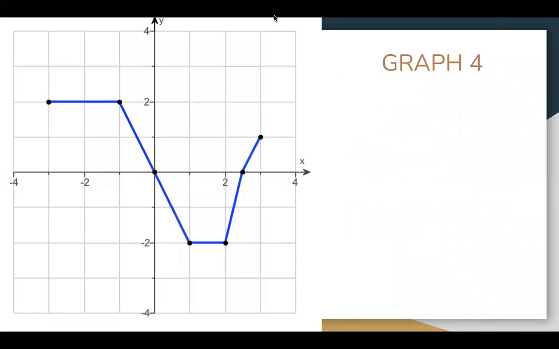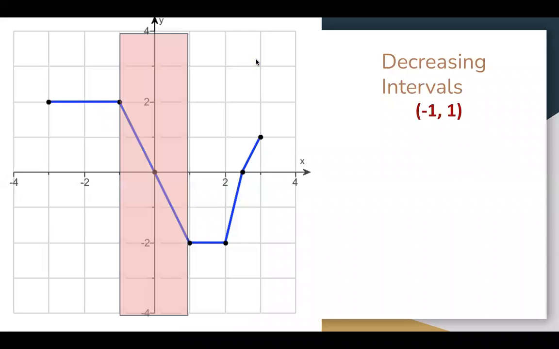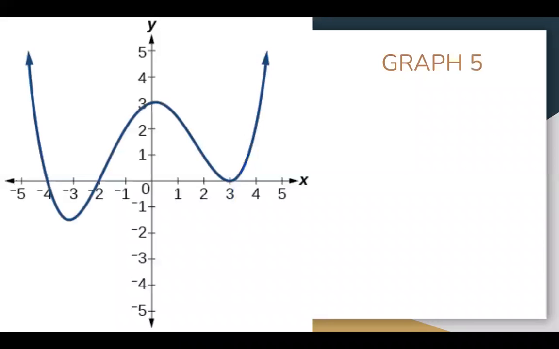Look at graph number 5 now. This is a little interesting. We start with positive. Positive from here to about here. Now here, we're positive here, here, here. And I'm actually going to draw a new interval once we get to 3.